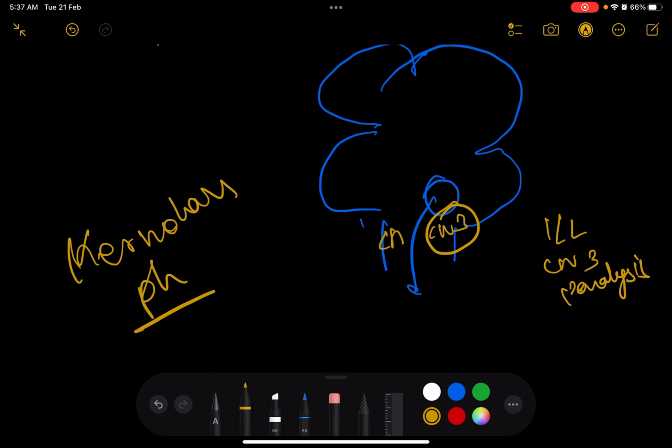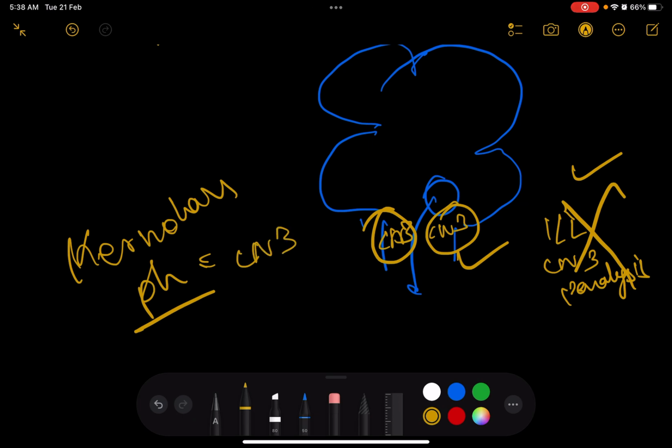As it goes deeper, it also involves cranial nerve 3 of the contralateral side. So in Kernohan phenomenon, obviously initially ipsilateral cranial nerve 3 was involved. Obviously it's involved, but now what happens is that as the herniation goes deeper, this one's spared, and now the cranial nerve 3 of contralateral paralysis is seen.